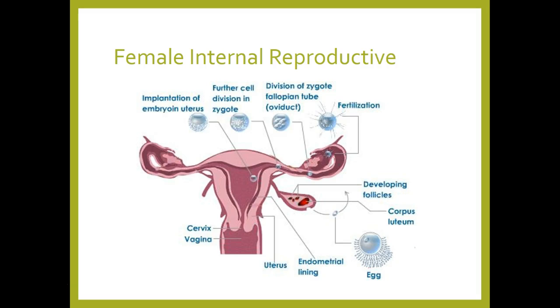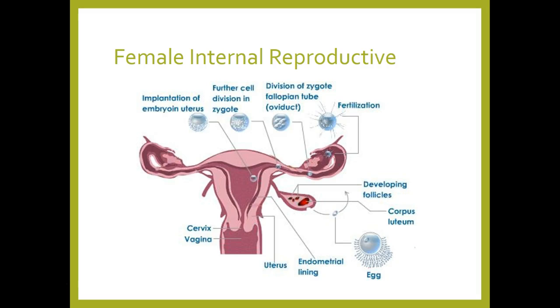As the egg or the oocyte matures inside of the ovary, it will actually rupture out from inside the ovary and enter the fallopian tube, which is where it will meet a sperm, may be fertilized, and then will travel down the fallopian tube into the uterus and implant itself into the endometrium, which is the inside lining of the uterus.